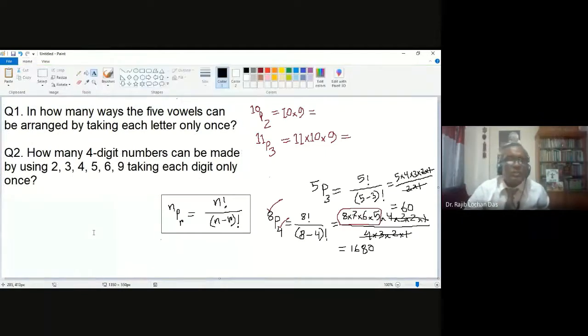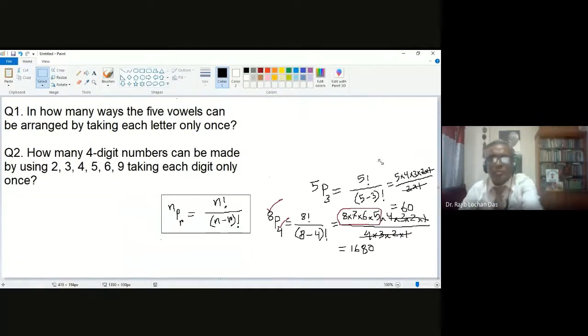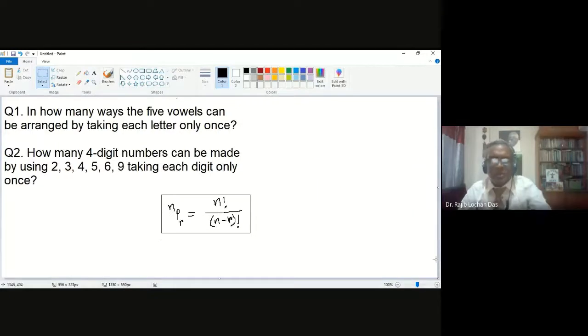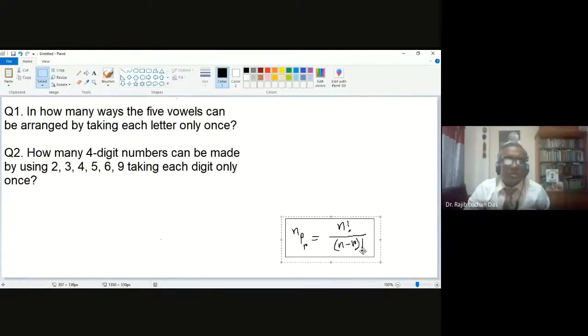So we will do some more problems tomorrow and then talk about combination. So this is the formula you already know. So these are the permutation situations here. What will be the first one? So let us think about the first problem.